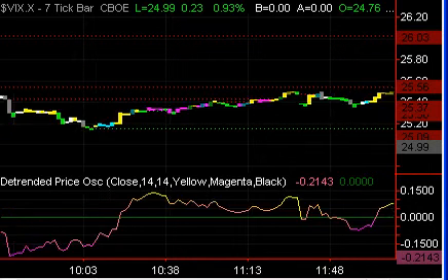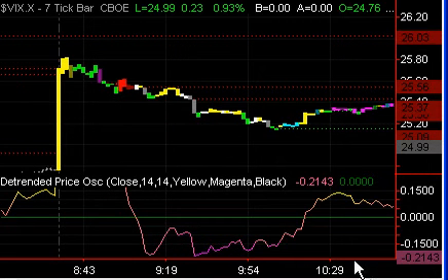Now, how can we use that information along with a simple Detrended Price Oscillator as an indicator to determine when meaningful changes in market direction will take place? Now, we are coloring the bars of this 7-tick VIX chart so that we can determine the trend direction of the MACD.